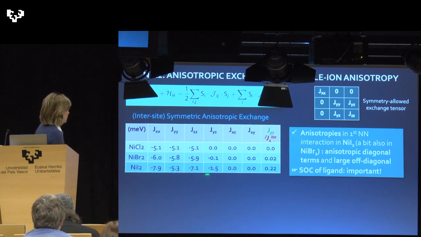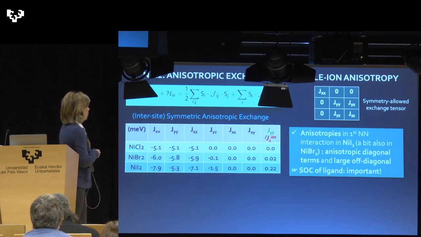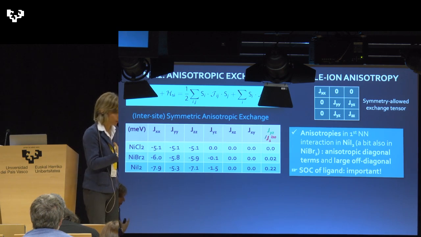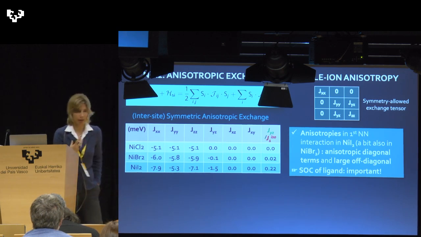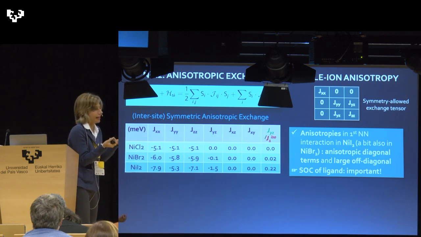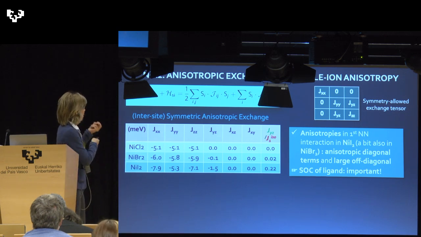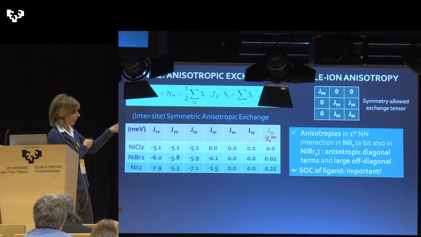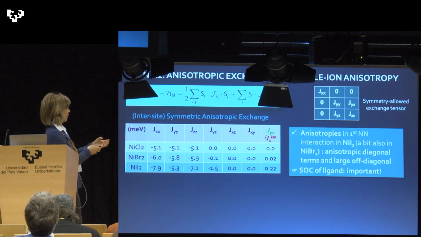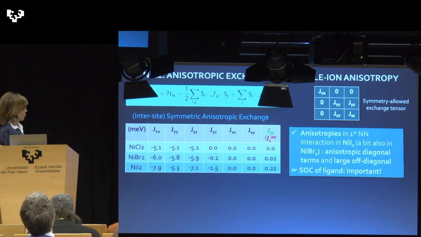This, of course, happens in iodide and not in chlorine, so it's related to the spin-orbit coupling of the anion, not of the nickel itself, which is consistent with the fact that here you're examining the effect of spin-orbit in the intersite coupling, not on the single ion anisotropy. So it's the spin-orbit coupling of the ligand that is really important.